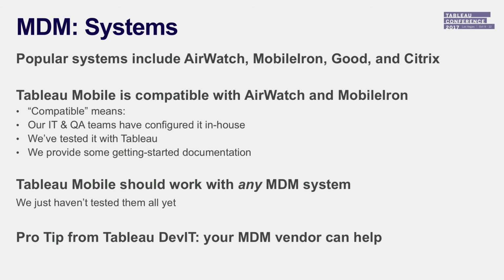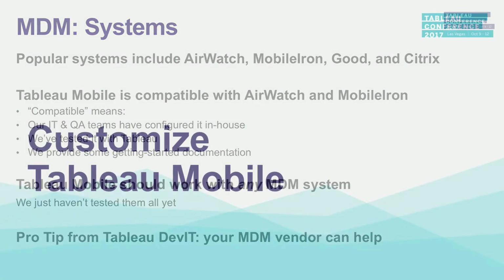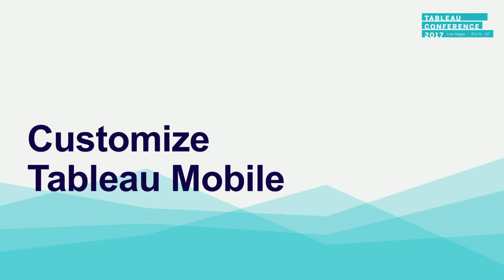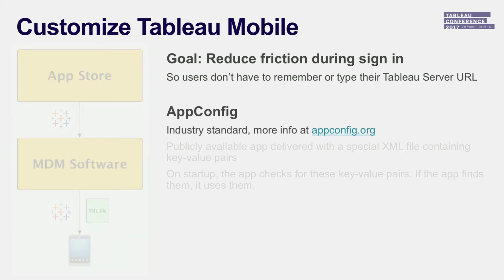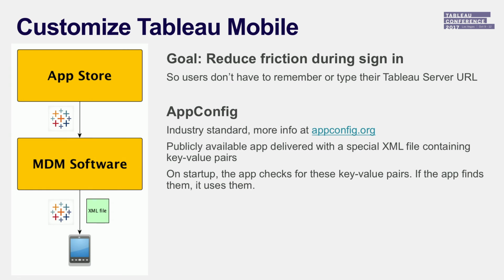All right, let's talk a little bit specifically about how you can use this app config facility to customize the mobile app. Tableau's focused initially on streamlining the sign-in process and making it easier for you to sign in. You saw, for example, with a Kerberos certificate, how you can get that sign-in to be almost just one touch from the user's perspective. And let's see how we can do that. So as I said, the App Store has the Tableau mobile app.